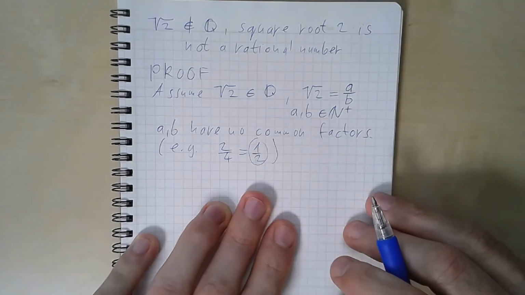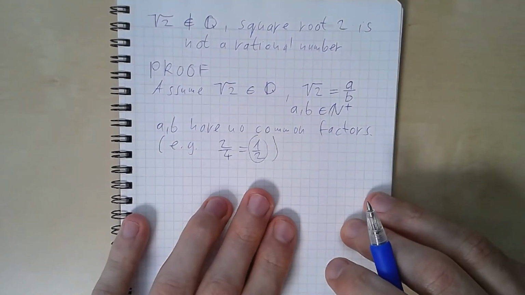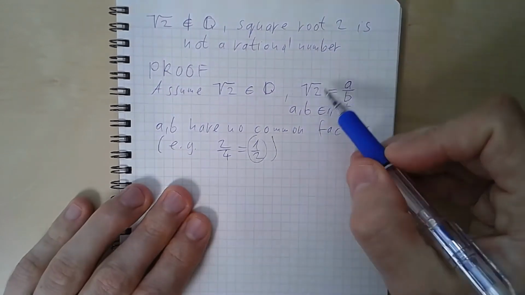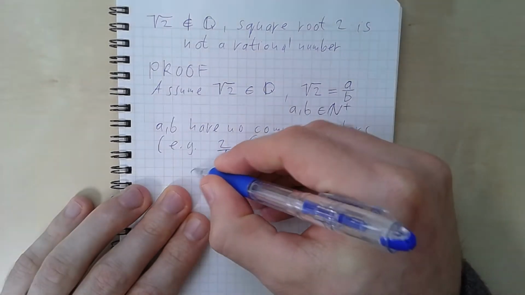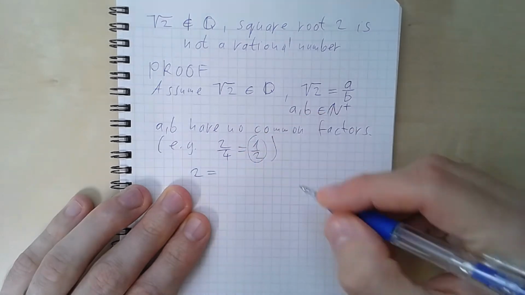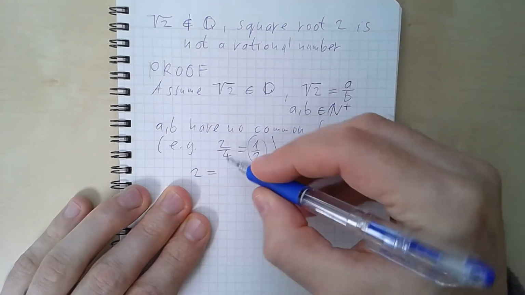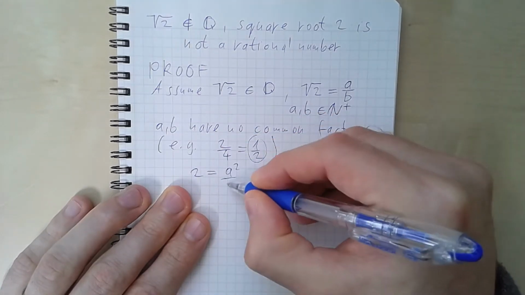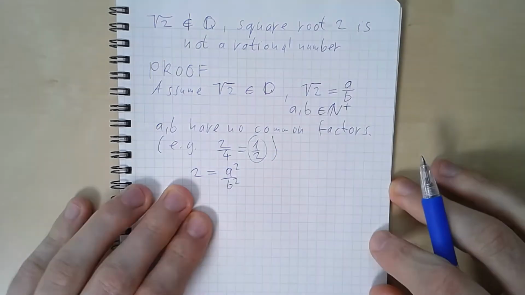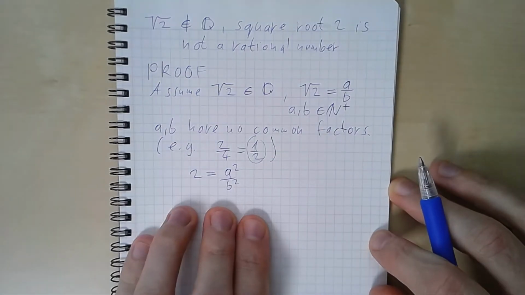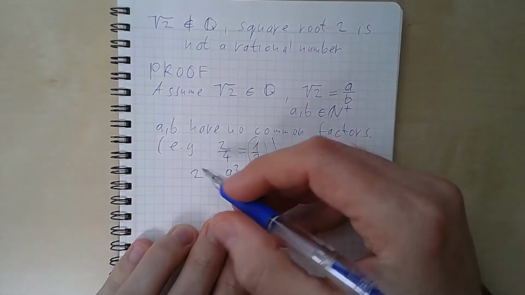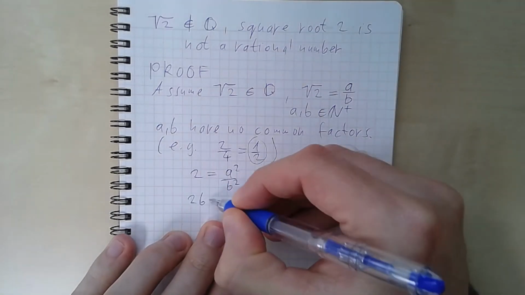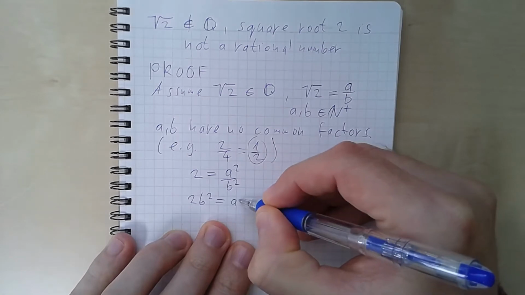So let's start working out the consequences here. If square root 2 equals a divided by b, then I can square both sides. So I have 2 equals a squared divided by b squared. And from that, I can easily say that 2 times b squared equals a squared.